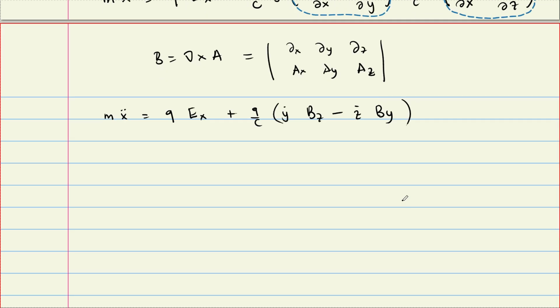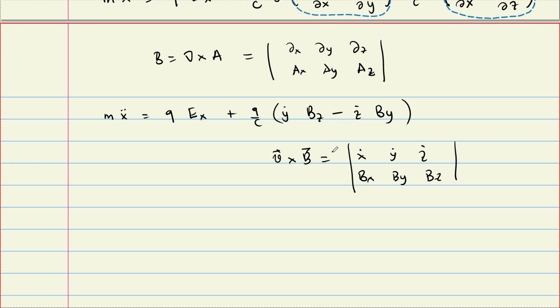But now I look at this term, and I calculate v cross B, which is x dot y dot z dot, B x B y B z, and the x component of this is y dot B z minus z dot B y.